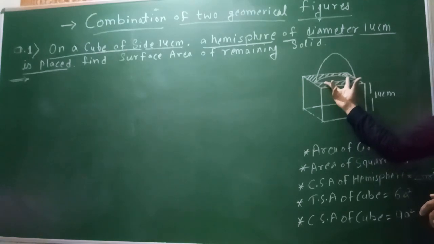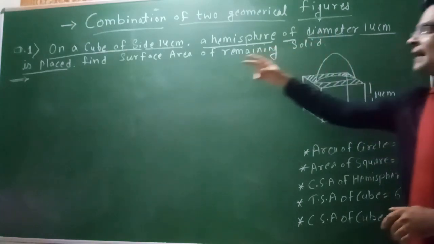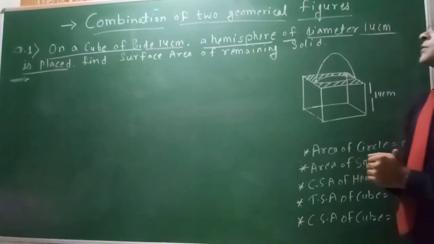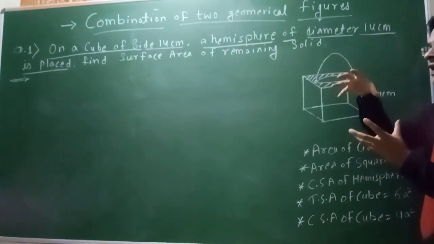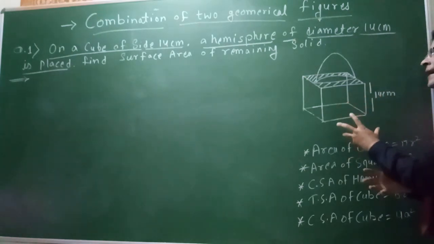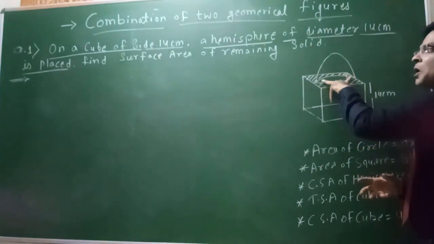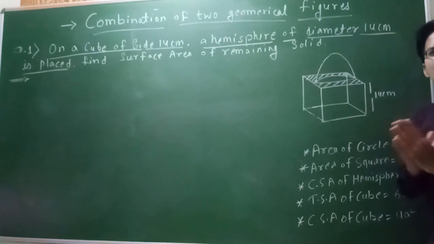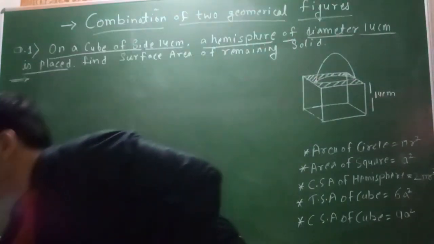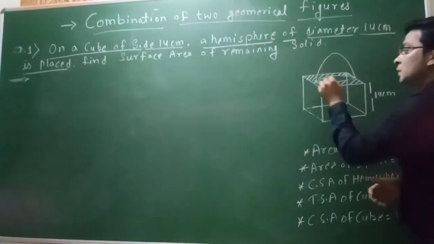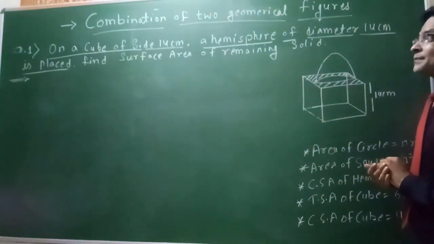What is the diameter of this hemisphere? 14 centimeter. Is that clear? So we can say whenever two geometrical figures are placed together, their diameter and side should be equal. Here the diameter of the hemisphere is equal to the side of this square.